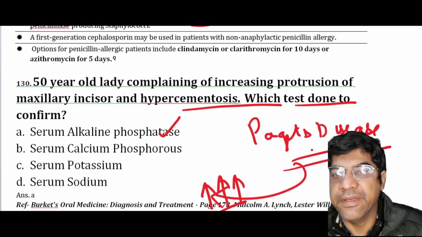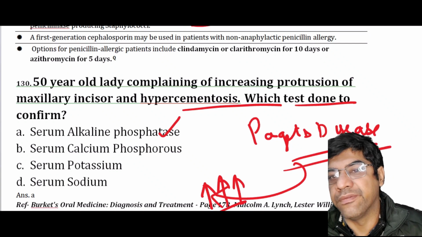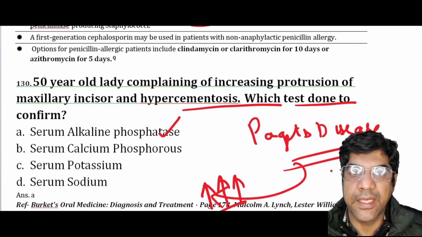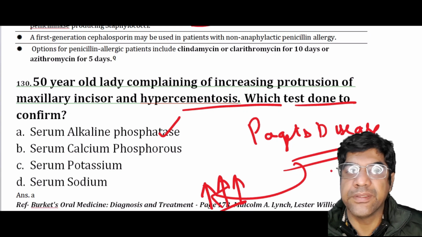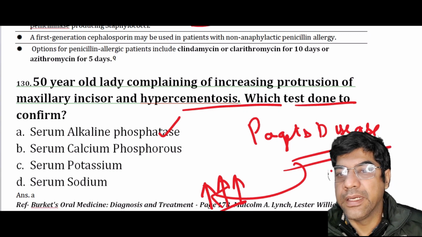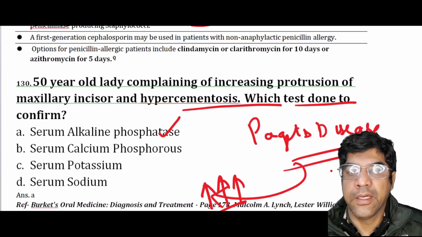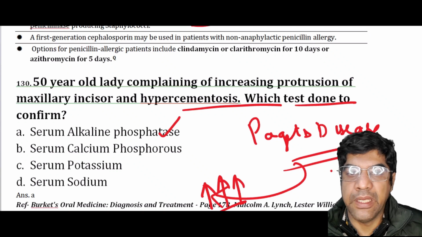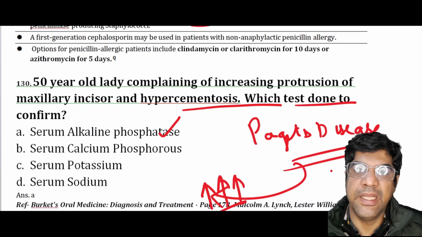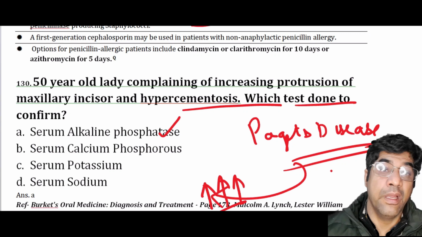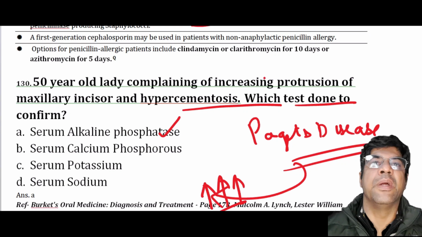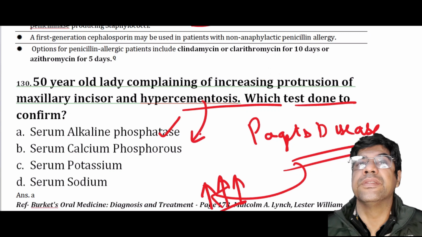The degree of elevation may correlate with the extent of disease. So in the given context, serum alkaline phosphatase is the relevant test that could be done to assess the possibility of Paget's disease, especially if the hypercementosis is observed in this case.